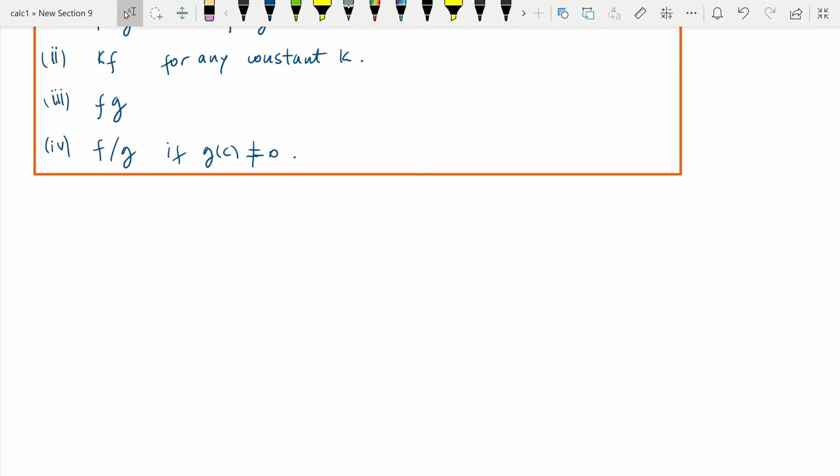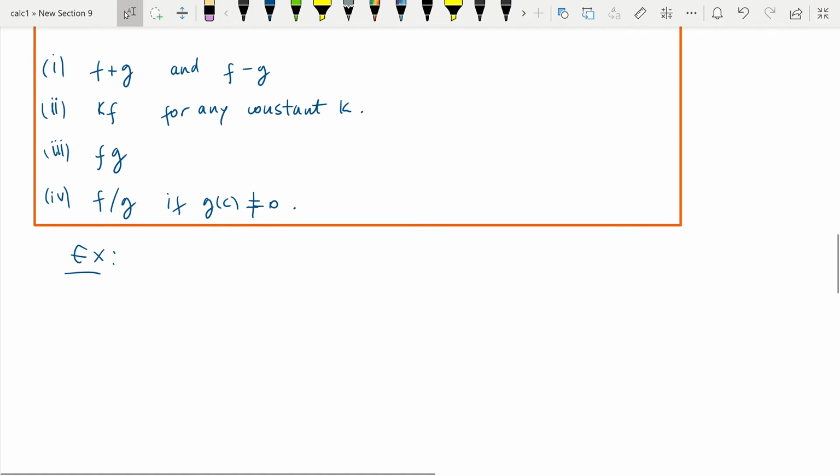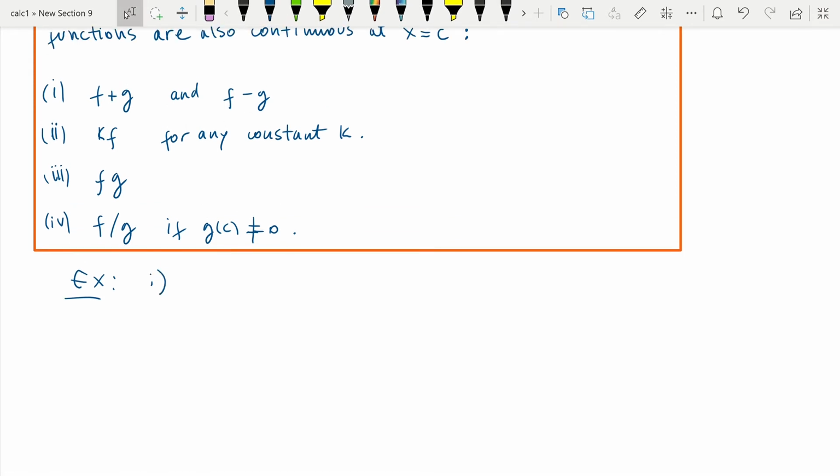Let me give a quick example. Let's consider f(x) equals x and g(x) equals x squared minus 3.